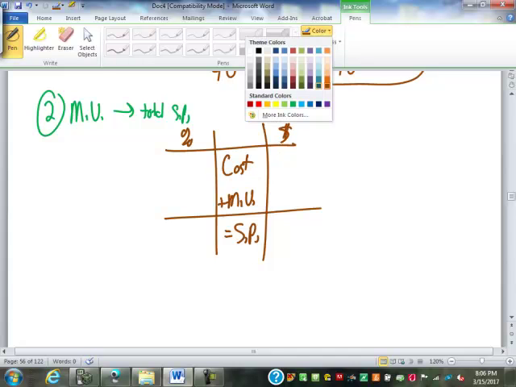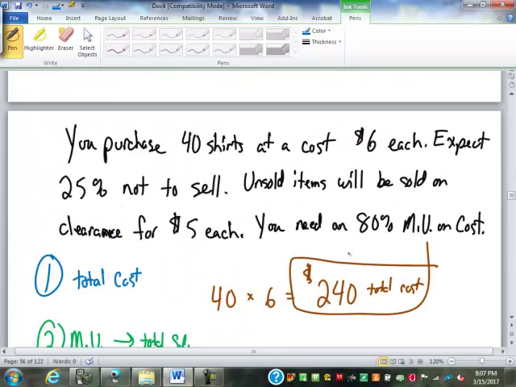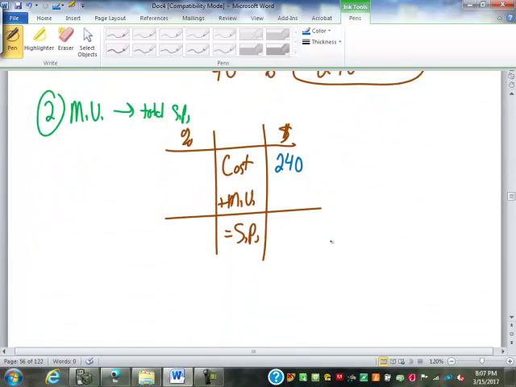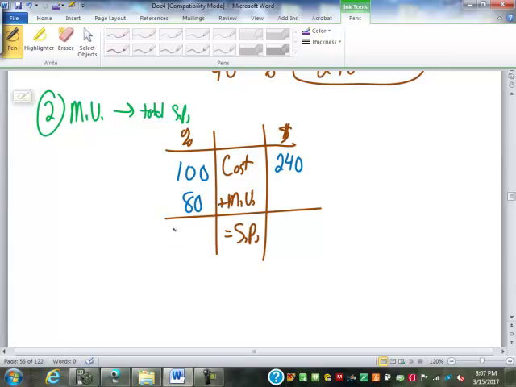So on our chart, we know that the total cost is $240. Your markup percent is 80%. It's on cost, so cost is 100. Sales price is 180%.